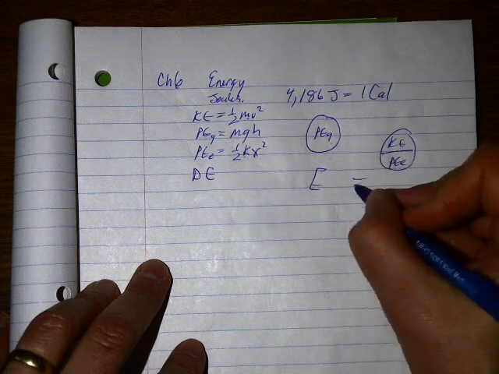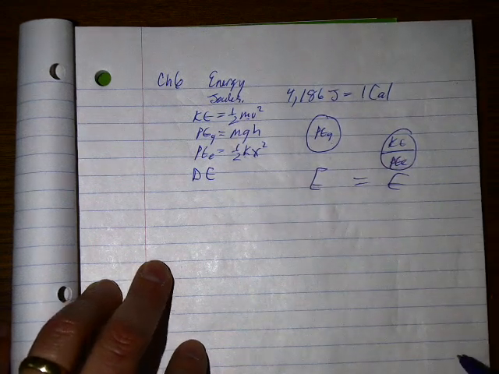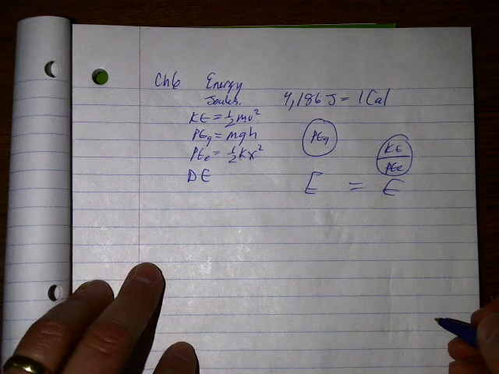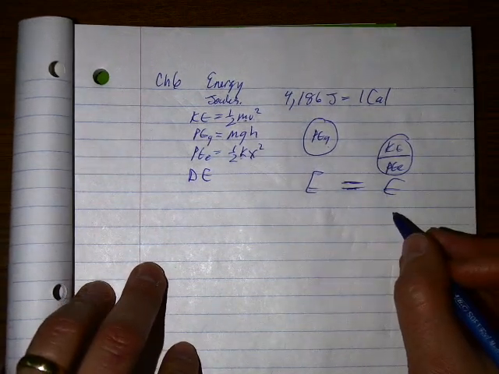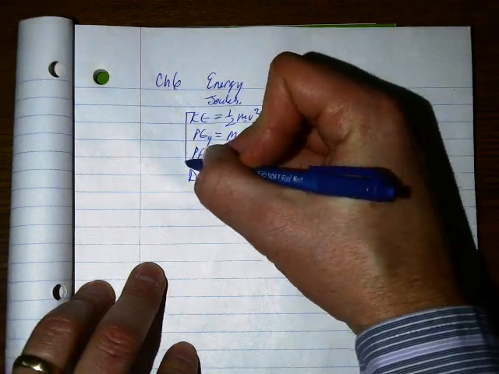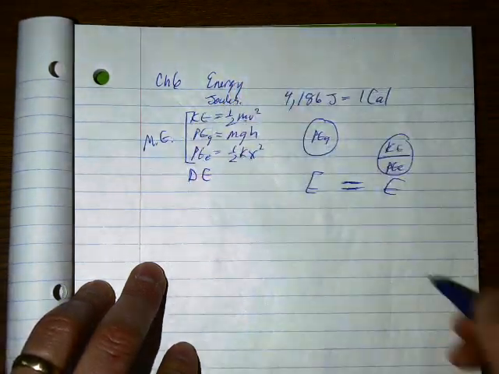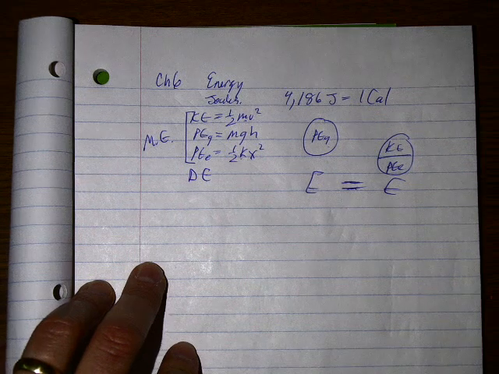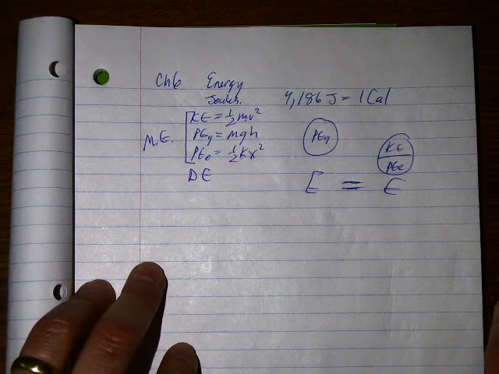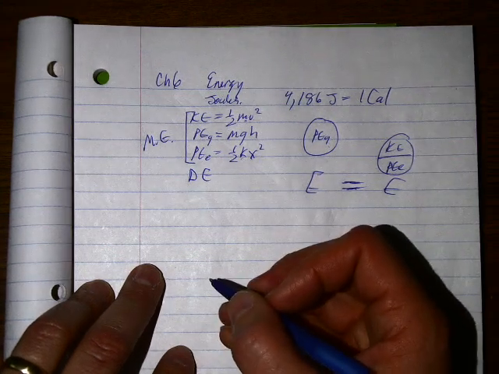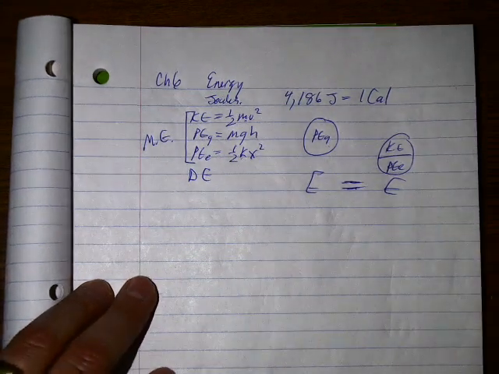Big idea is that energy is always conserved. How often is it conserved? Always, right? That's why the word always is in there. Now, not mechanical energy. Mechanical energy is these three together, not always conserved. Only conserved if there's no dissipated energy by forces. Remember, forces that dissipate energy are called non-conservative forces.